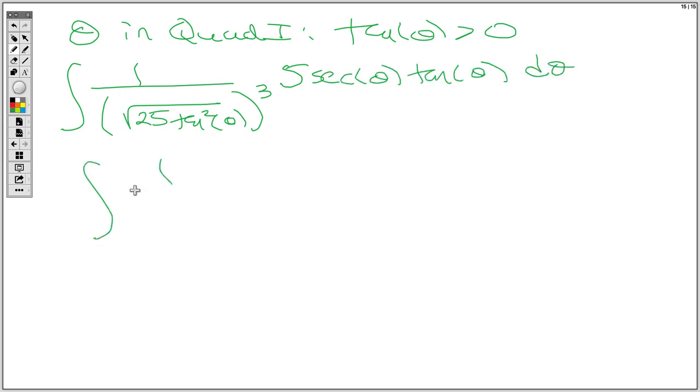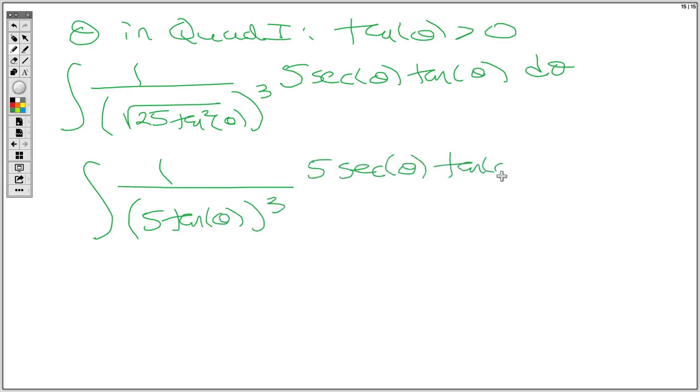And so this is the integral of 1 over 5 tangent of theta cubed times 5 secant of theta tangent of theta d theta. Here we're using the fact that the absolute value of tangent of theta is tangent of theta.